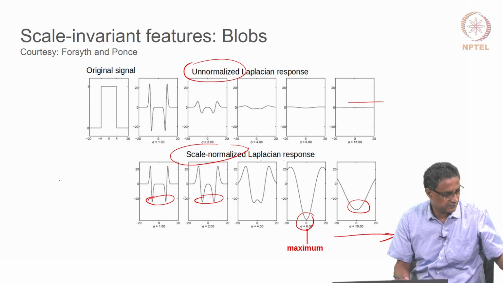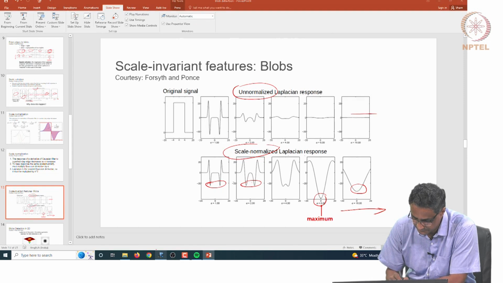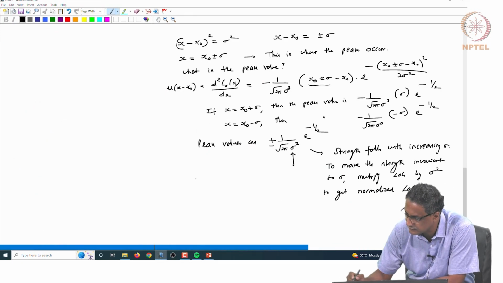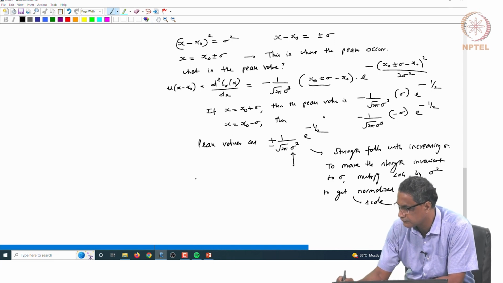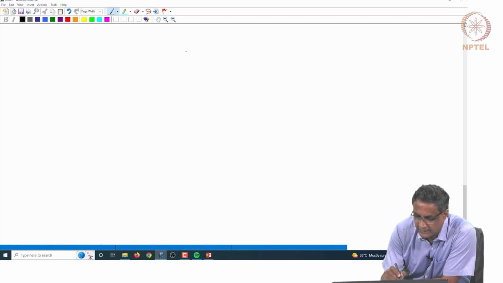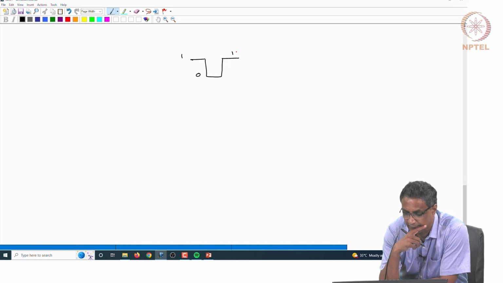Let's go back. For example, let's call it the scale normalized log, that's the actual name. So what I'm saying is, if you had a step like this, let's say it's 1 here, it's 0 here, then again goes back to 1.